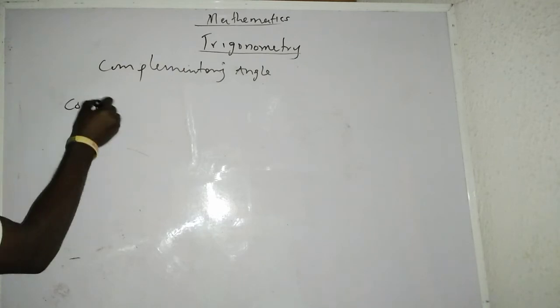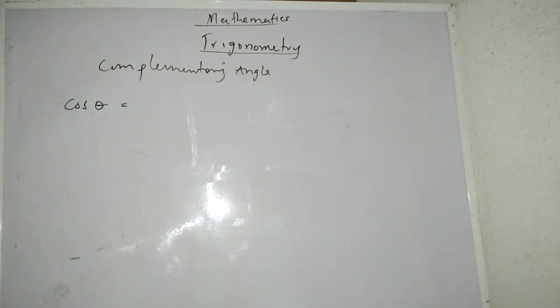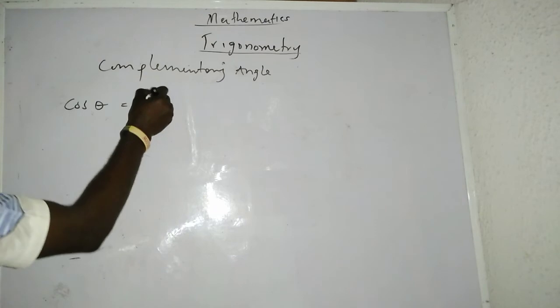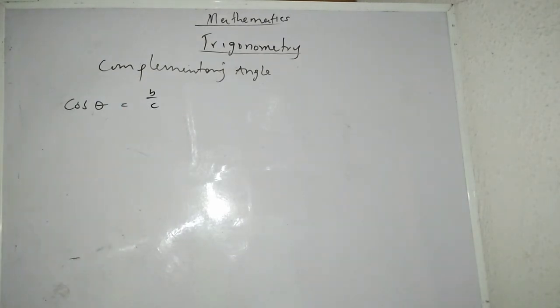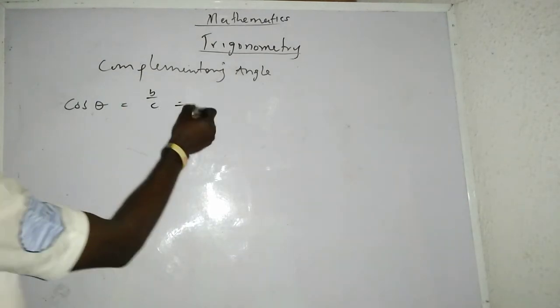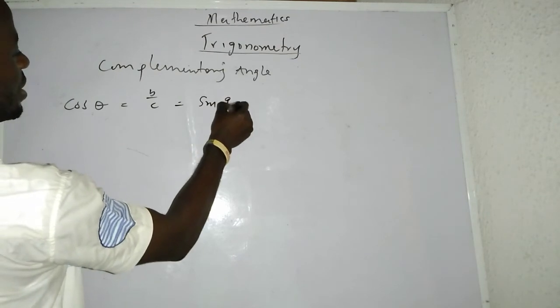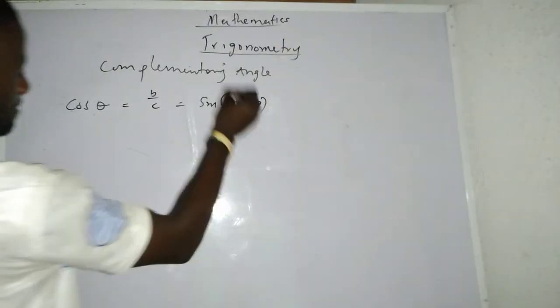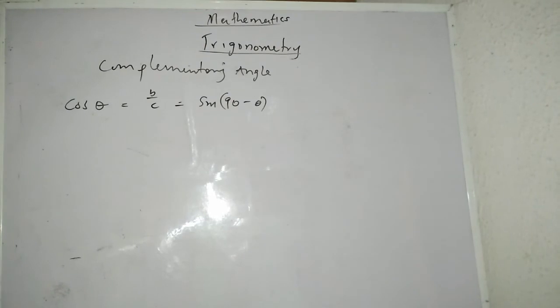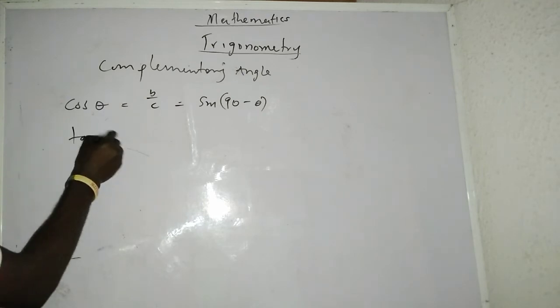Just note that if I have cos theta, for instance, it is the same thing as B all over C, which can also equal sine of 90 minus theta. I think I've explained this. It means they are complementary. For instance, if I have tan theta, there are proofs for them.